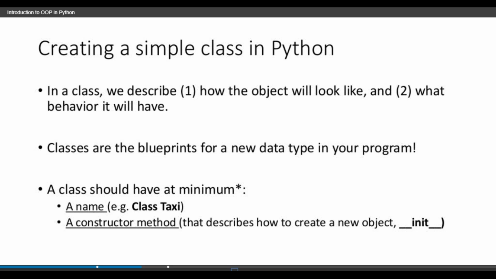So what behavior do we have? Classes are the blueprints for a new data type in your program. A class should have at minimum a name, that is class taxi, and a constructor method. Constructor method means a method with the same name as the class, which is called a constructor. The same name as the class will create a method. This is called a constructor.